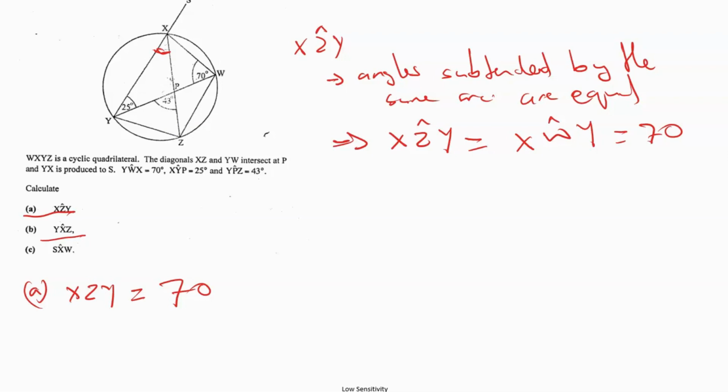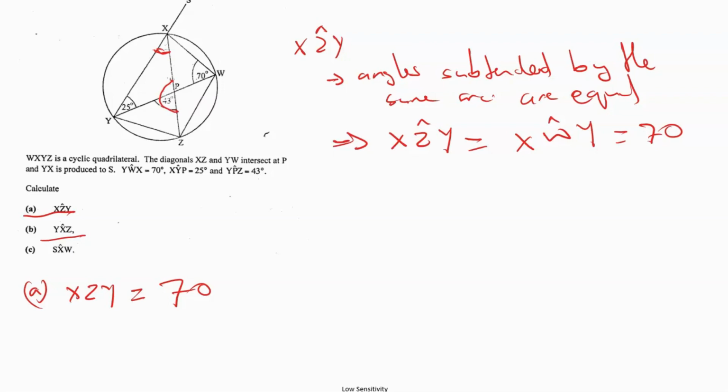But before we get to that, there are ways that we can solve for this. We have this angle YPZ, which is equal to 43. And given that this is a straight line, the total angle should be 180.